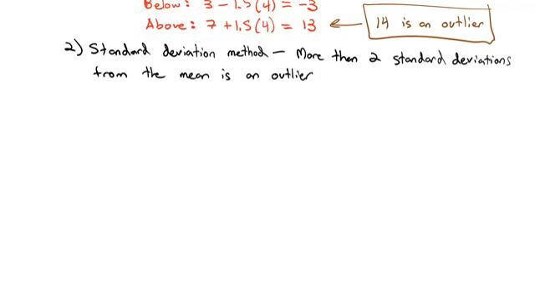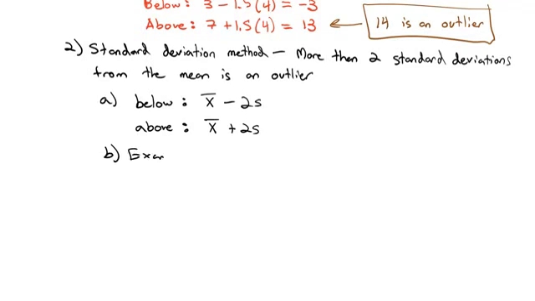Which brings us back to that example that led into this discussion. So, actually, let's first define this clearly. Anything below x bar, the mean, minus 2 standard deviations, or anything above x bar, the mean, plus 2 standard deviations is considered an outlier.